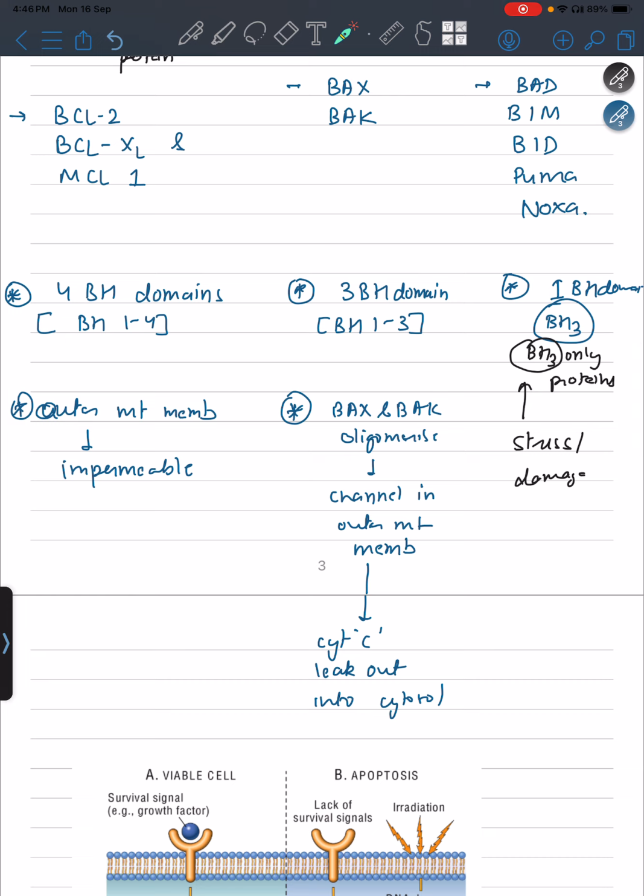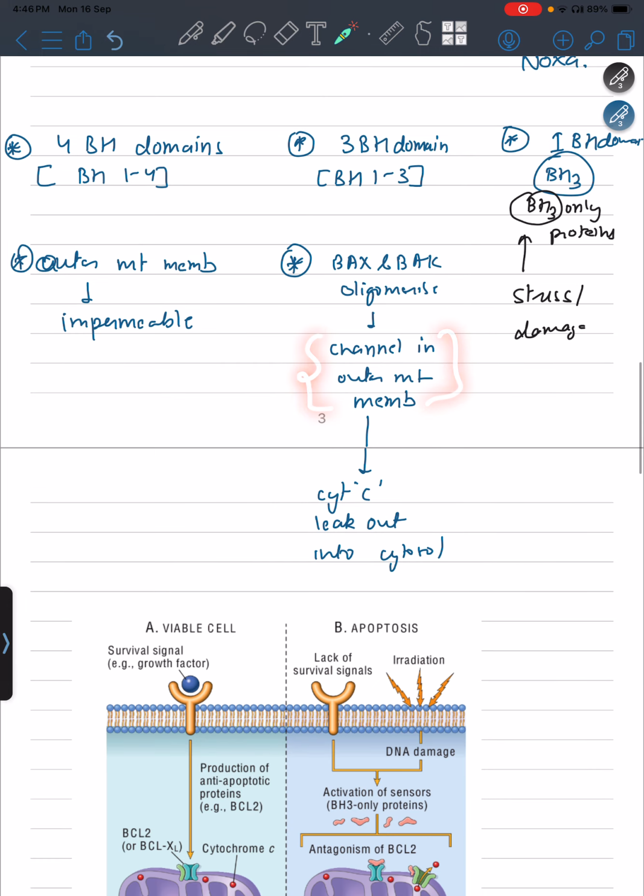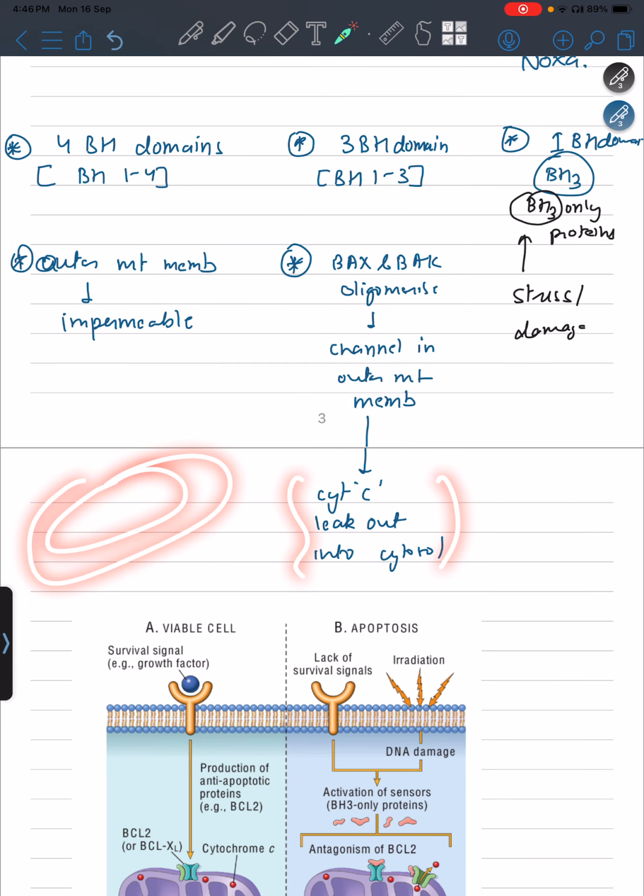Whereas the pro-apoptotic proteins, which include BAX and BAK, on stimulation oligomerize and form channels in the outer mitochondrial membrane, which allows cytochrome C to leak out. And this cytochrome C, along with various factors, causes apoptosis.